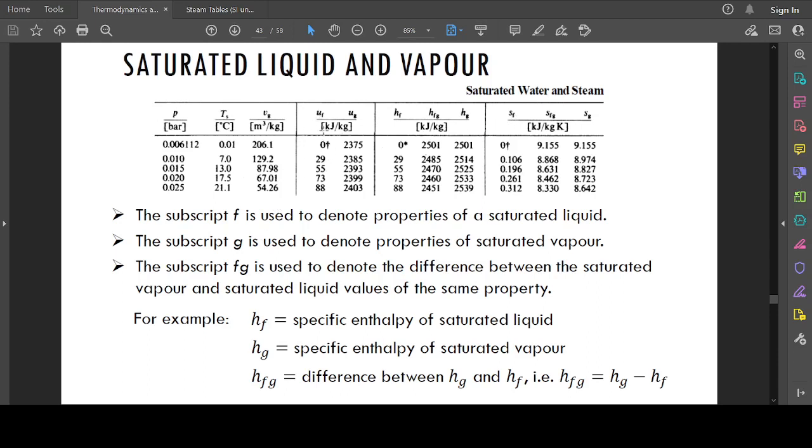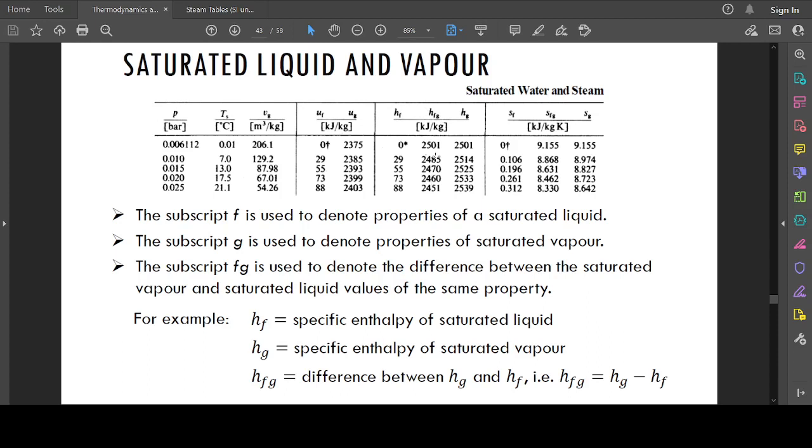If you see subscript g, which you can see here as well, and there for entropy too, this denotes the saturated vapor. Now when you see the subscript fg, this shows the difference between the saturated vapor and liquid. This is just a simple subtraction. In the case of enthalpy, this is referred to as the latent heat.